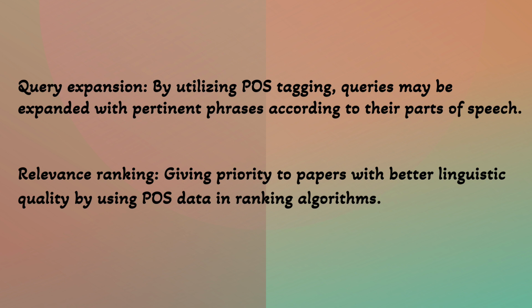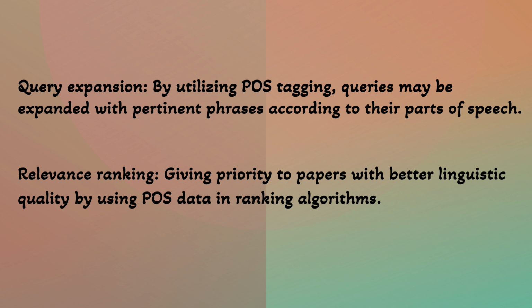By considering the linguistic quality of documents, IR systems can prioritize search results that not only contain relevant content but also present it in a linguistically coherent manner, thereby enhancing the overall search experience for users.